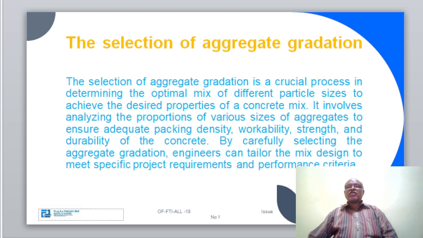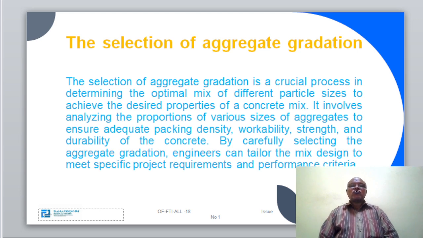The selection of aggregate gradation is important because it directly influences the workability, stability, and compactability of the asphalt mix. A well-graded aggregate mix helps to achieve a dense and impermeable pavement, which is essential for withstanding the stress and strain imposed by traffic.